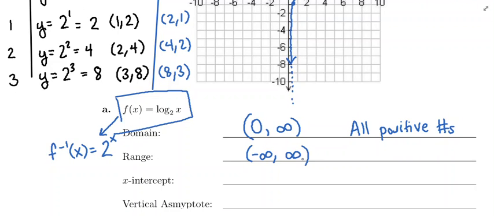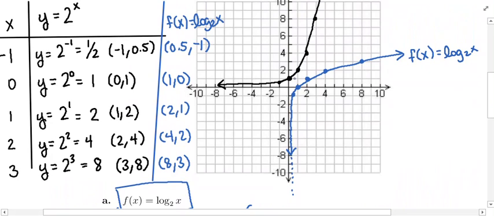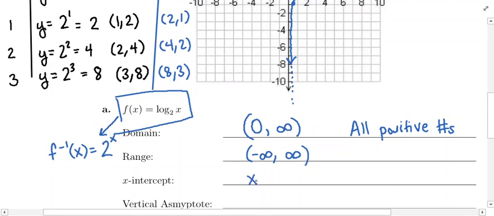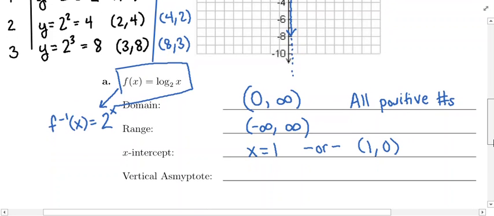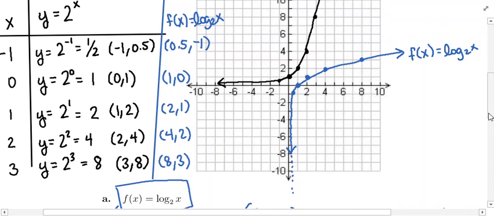All right, what's the x-intercept of this particular graph? Well, you can read it right off of the graph. It crosses the x-axis at the point 1, 0. So I'm going to write x equals 1, or you can write it as an ordered pair, 1, 0. Lastly, we need the vertical asymptote. Remember, exponential functions have horizontal asymptotes. Logarithms are going to have vertical asymptotes. They're kind of opposites of each other.